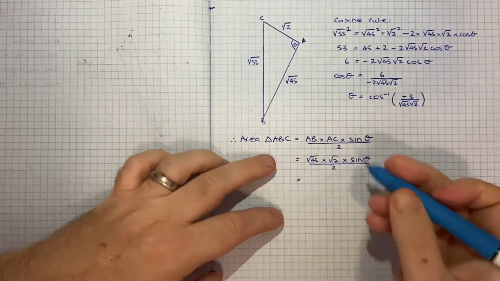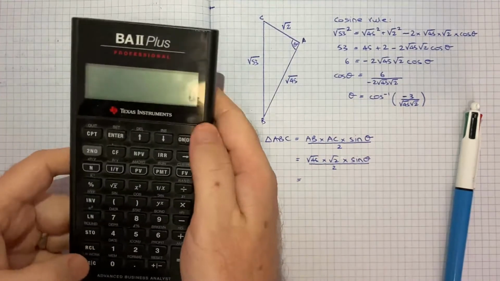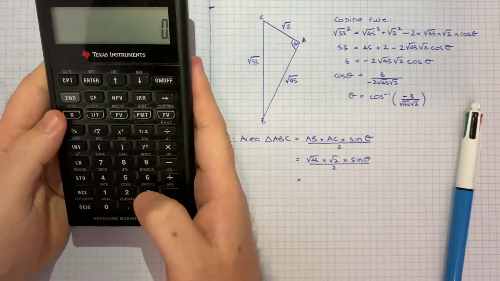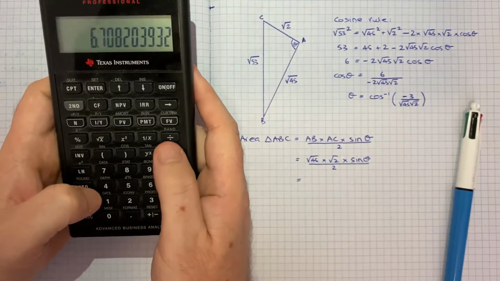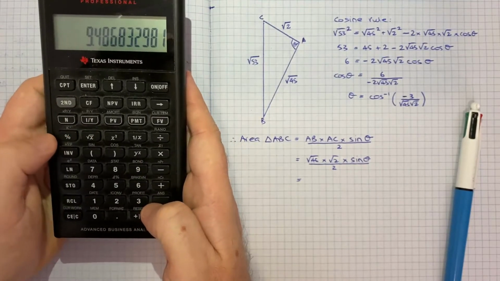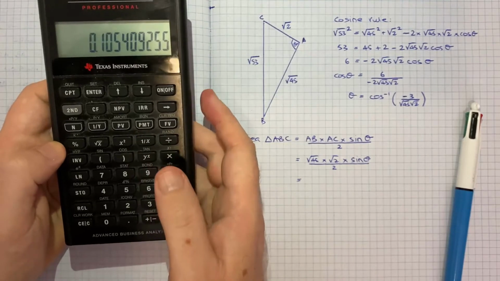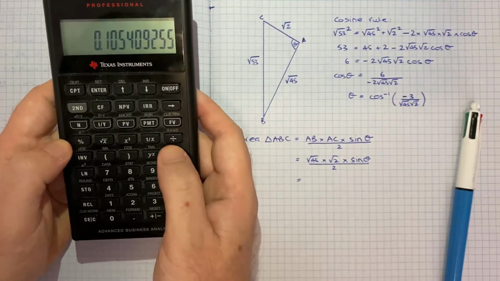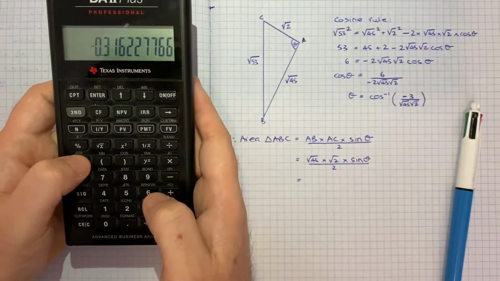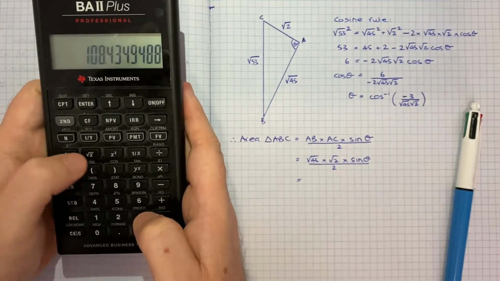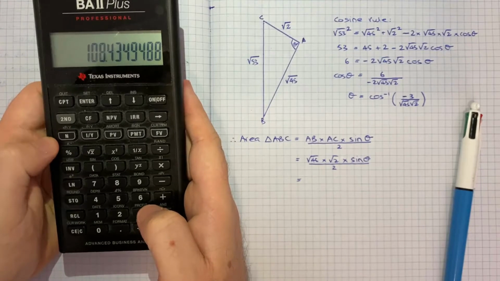So let's see what we get. First I'll calculate theta. So maybe I'll go the square root of 45 times the square root of 2, invert it because it's 1 over, then times that by negative 3, take the inverse cosine of that. And that is theta.